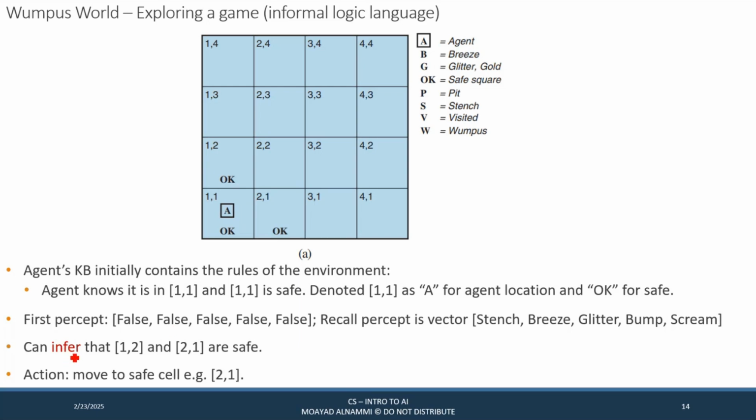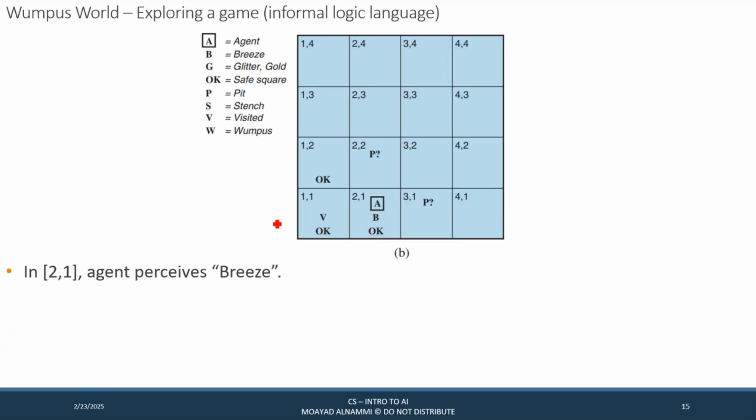So let's say he moves to the cell 2-1. So the agent moves here, okay? Now the agent is here. Let's say he receives a breeze. Because he perceives the breeze, using, again, inference and reasoning, we could infer that there's a pit here or there's a pit here. I don't know which of these two the pit is exactly in, but this is the possibility, right?